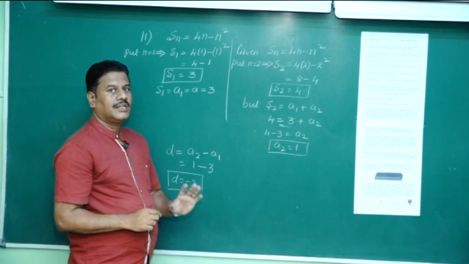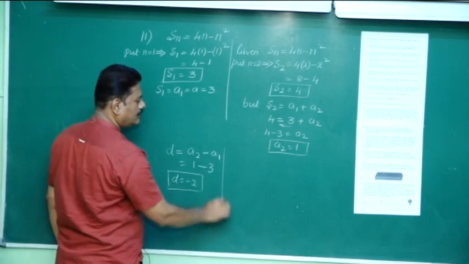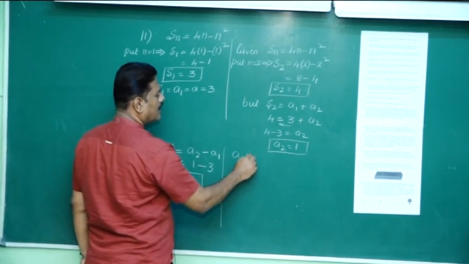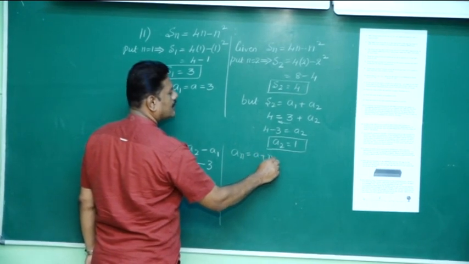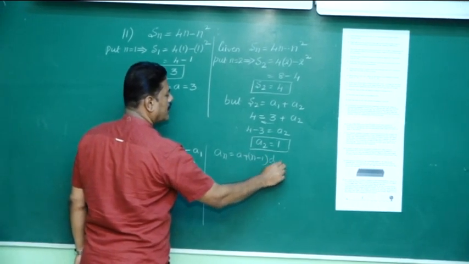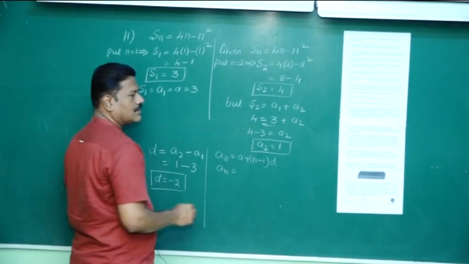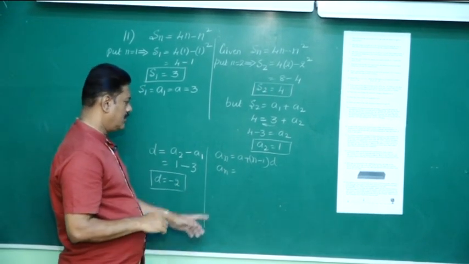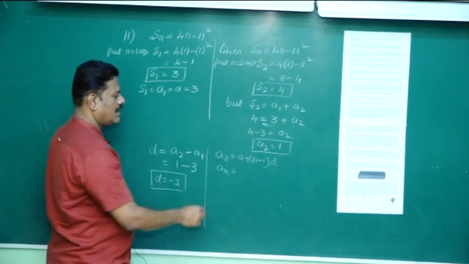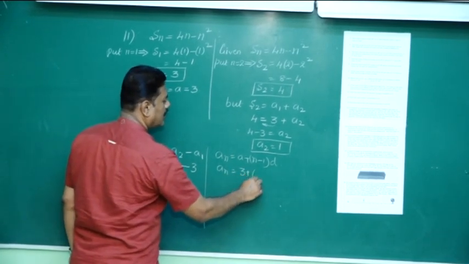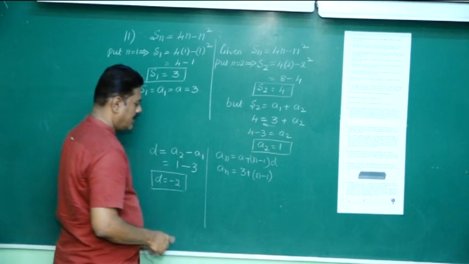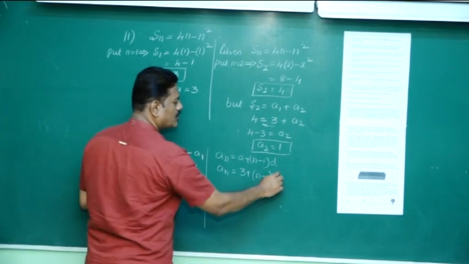Now I go to calculate the nth term. What is the formula? An is equal to A plus n minus 1 into D. So An I write as it is because I have to calculate the nth term. A I know it's 3, I substitute here. N I don't know, I write as it is, but D is calculated minus 2.